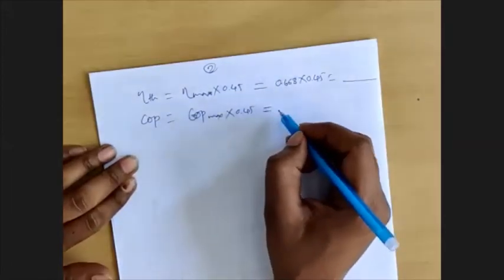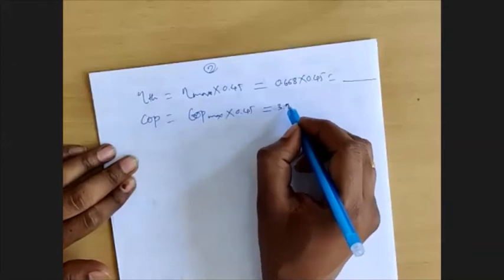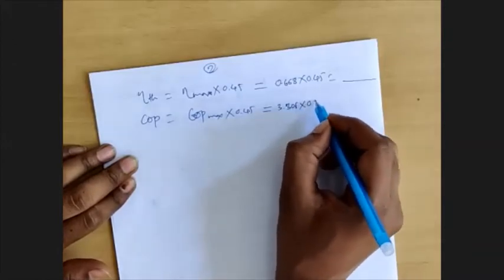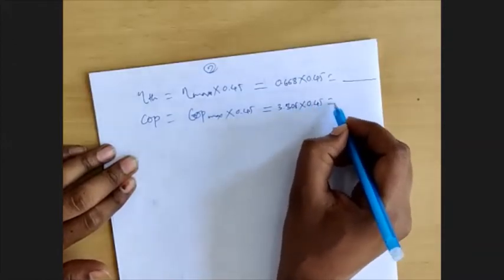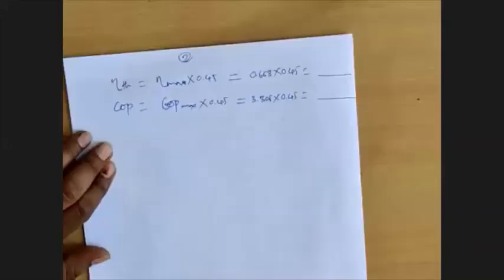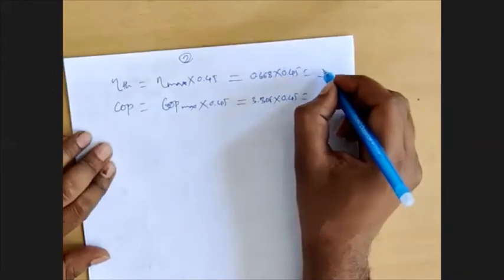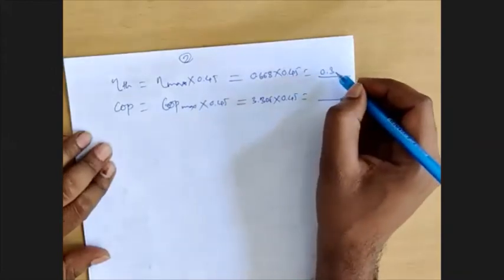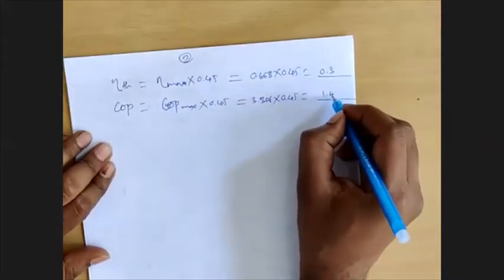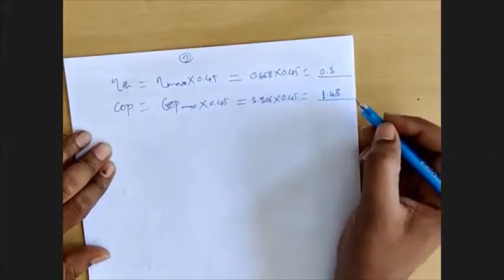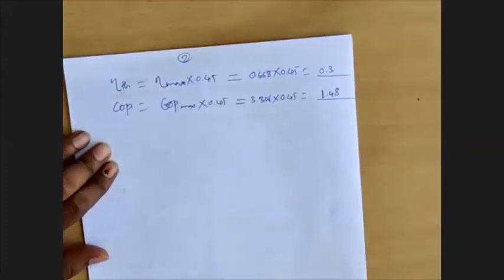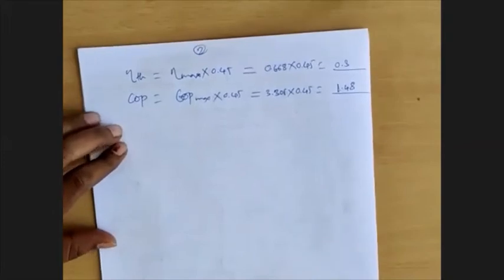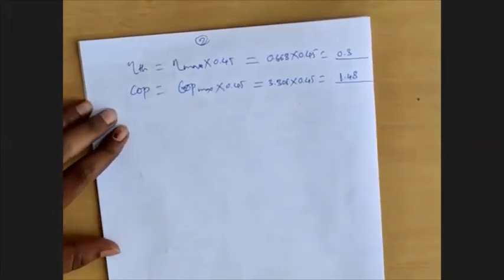Similarly for COP, 3.306 multiplied by 0.45. Tell me the answer of those two, Pratik. This is going to be 0.3 and this is going to be 1.48. Is that correct? Yes, sir. Okay.